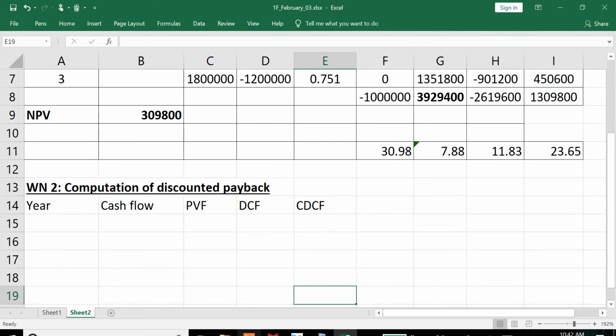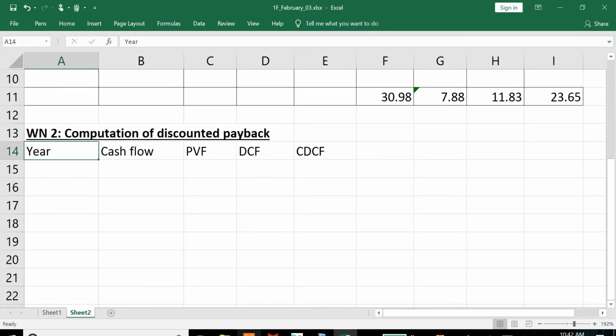Year, cash flow, PVF, DCF, cumulative DCF. Year, cash flow, PVF, DCF and CDCF.